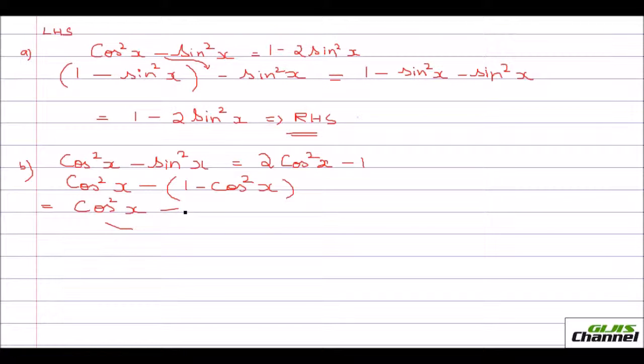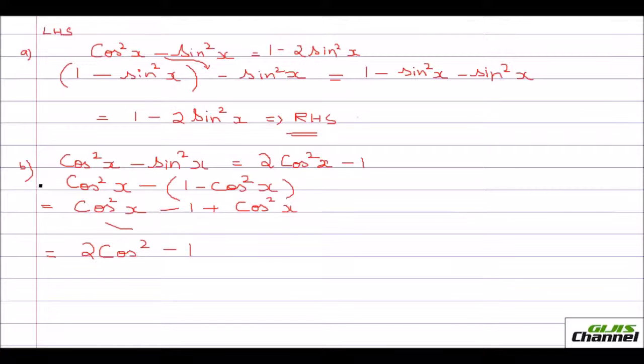So that becomes minus 1 plus cos square x. The signs of the terms within the parentheses change when the minus sign gets inside. Now this is equal to cos square x plus cos square x, so that is 2 cos square x minus 1.